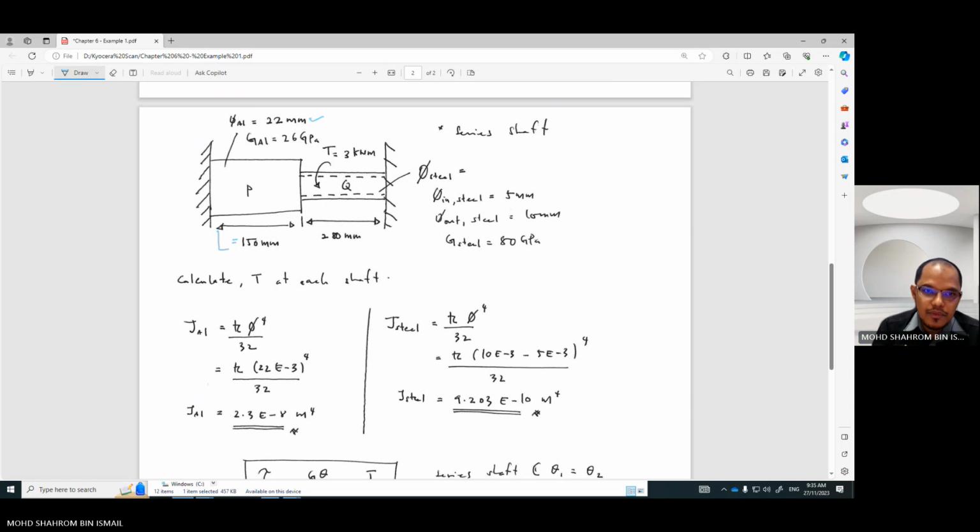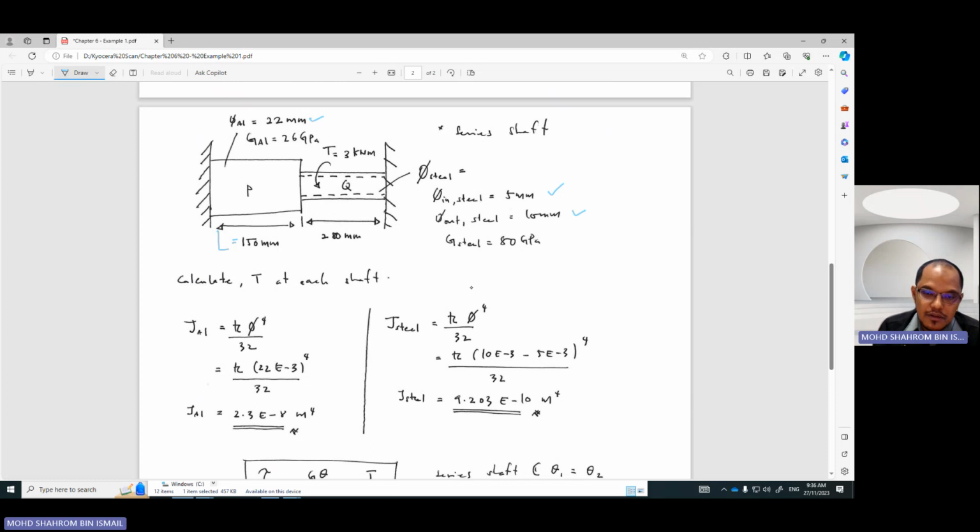While the other part of the component is we got a hollow shaft made by steel. Since it's hollow, then it got an internal diameter of 5 millimeter, and an outer diameter of 10 millimeters.